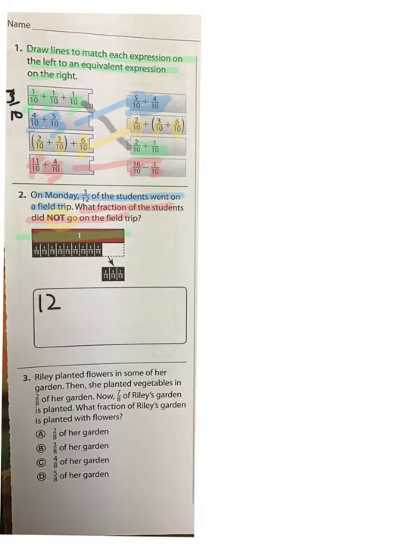So we have 12/12. Now we're going to subtract the 3/12 that went. We're going to end up with 9/12. So 9/12 of the students did not go on the field trip because only 3/12 went.